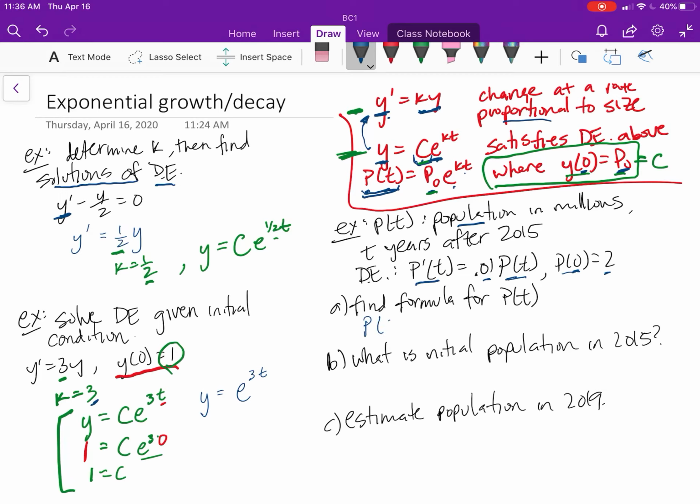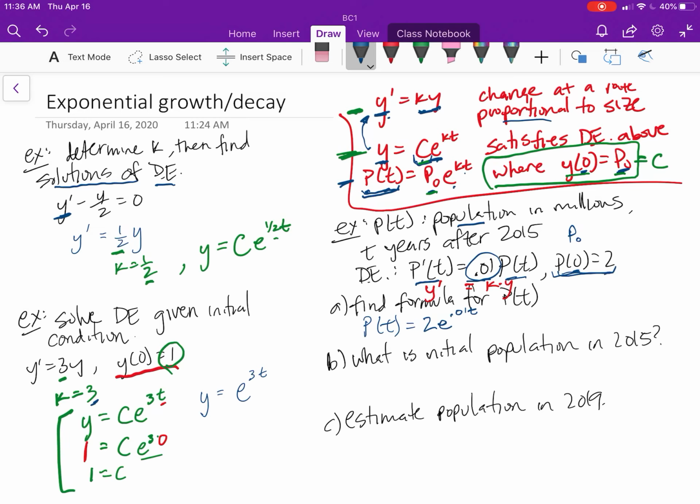So p of t, right here, is equal to p naught, which is this. Okay, p naught or p of 0 is the same thing. So that's a 2. e to the k, so looking at the first line, what is k? It's this, right? This is like y prime equals k times y. So there's our k, 0.01. So e to the 0.01t.